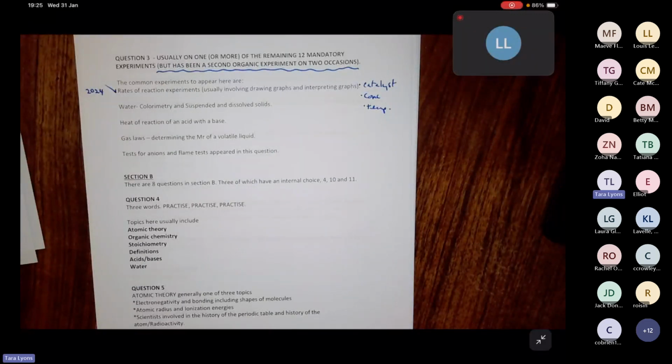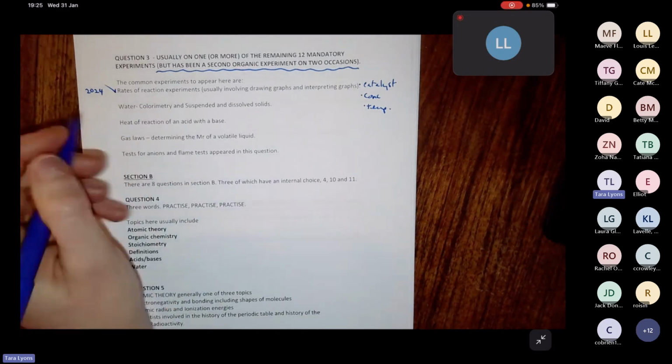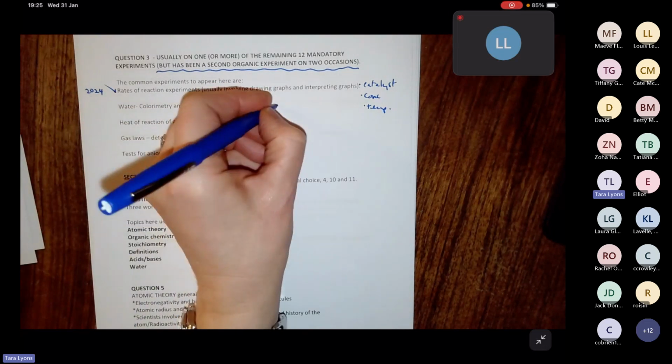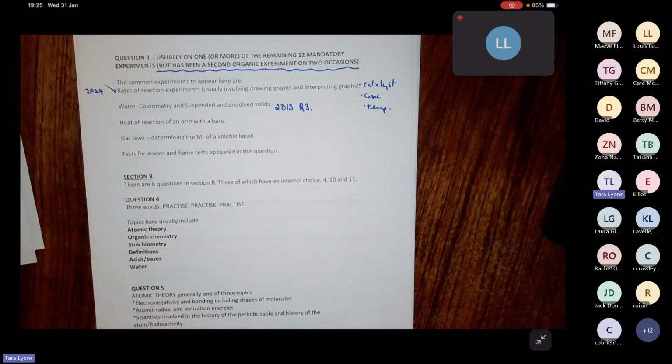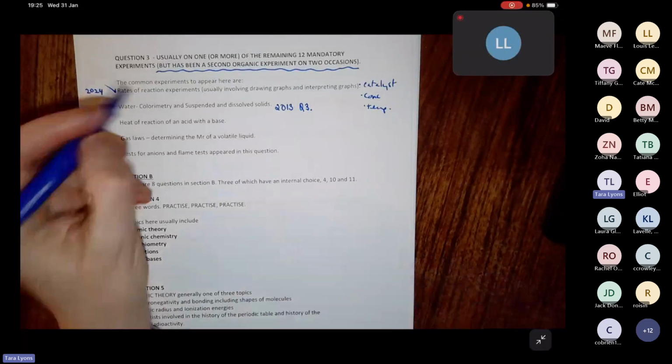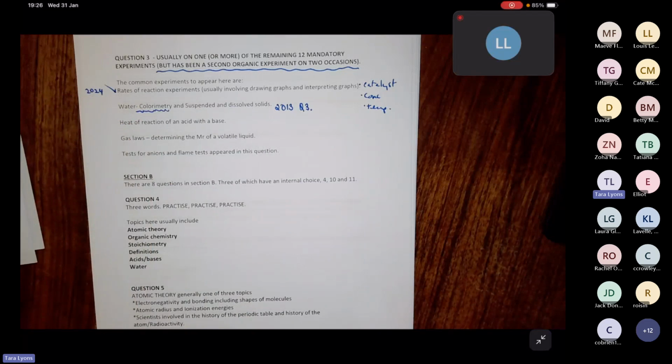If it's the water chapter, for question 3, you can get colorimetry and suspended and dissolved solids. Now, if you want to have a look at something on colorimetry, suspended and dissolved solids, look at 2013 question 3. They gave a whole load of data about 4 swimming pools. So I would suggest that you have a look at that. Colorimetry is a technique that you use to get the concentration of free chlorine in swimming pool water.